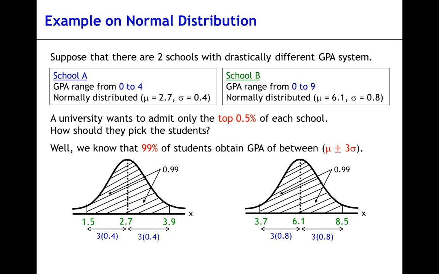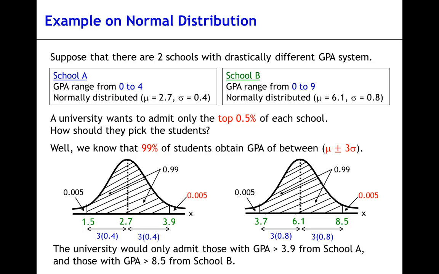That leaves us with 1%. If we divide equally between the tail ends, each tail end will get 0.5%. And this top 0.5% is what the university is looking for. So for school A, only those with a GPA greater than 3.9 will be admitted. And for school B, only those with a GPA greater than 8.5 will be admitted.